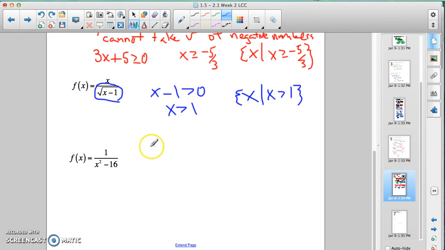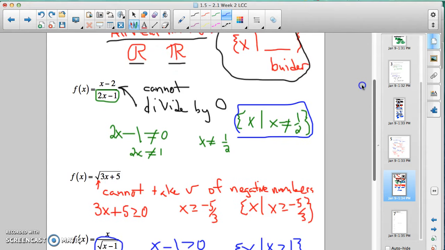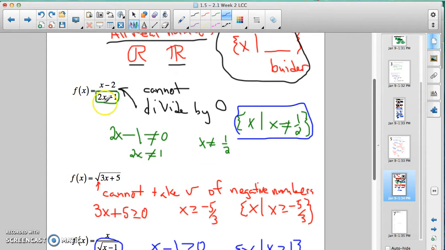Alright, so on this one, the last example I have here is one where we have a denominator. So what we're going to be saying is that same thing as above, x squared minus 16 cannot equal 0. So that's the same as this example up here. What we used here, the denominator cannot equal 0.